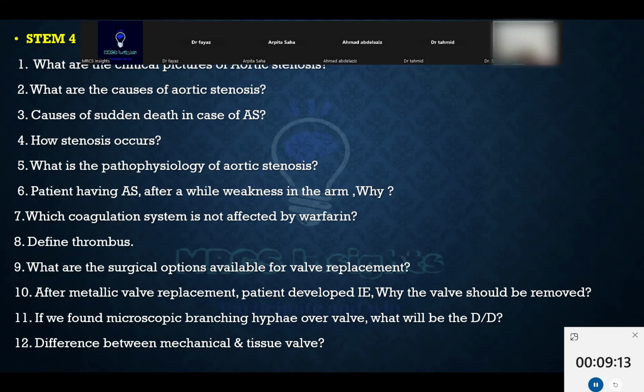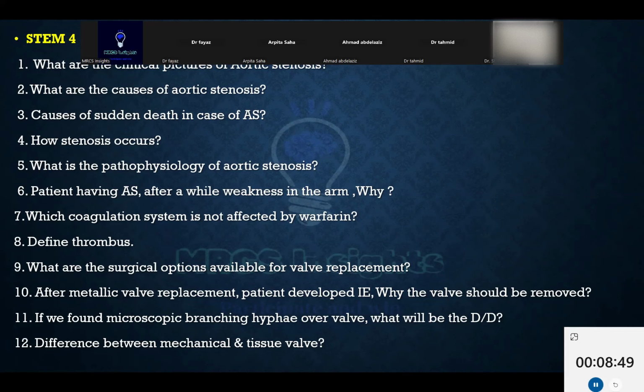Okay, what are the signs you will get in case of a patient having aortic stenosis? Signs means what will happen in case of pulse.